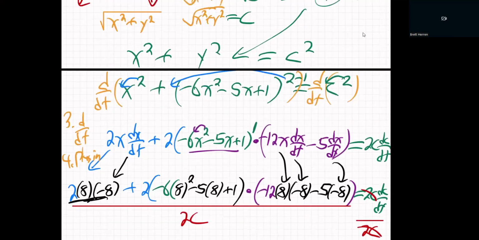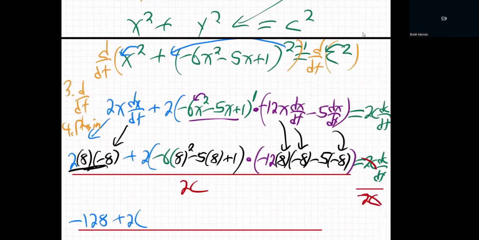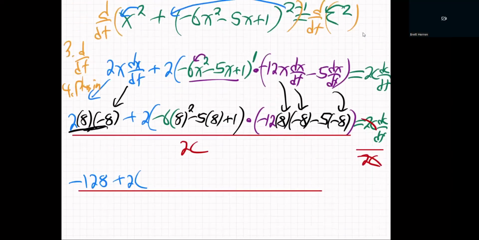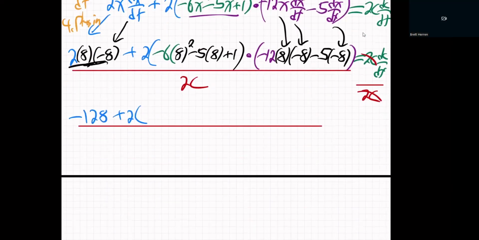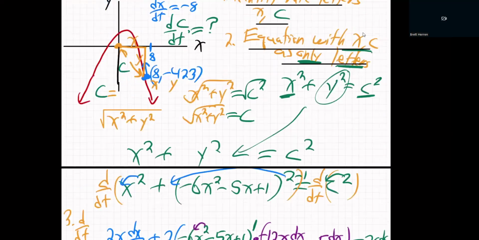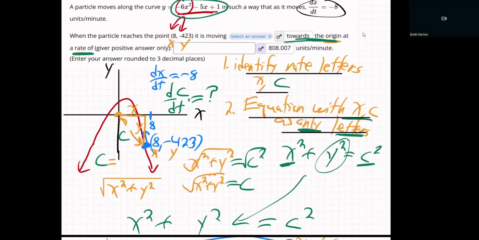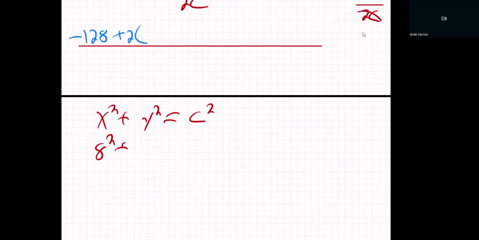What is c though? How do I get c? Well, I know how to get c actually, I just don't feel like doing it. Remember, x squared plus y squared is c squared. We know x and y right here, 8 and minus 423. 8 and minus 423 squared is c squared.